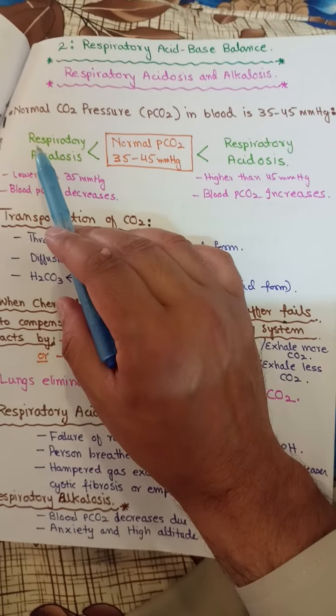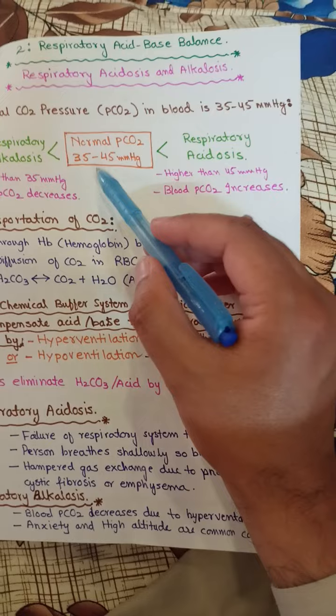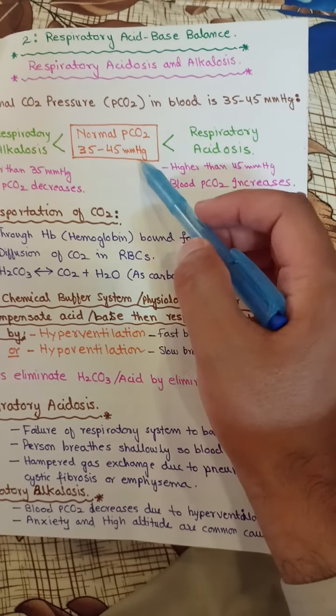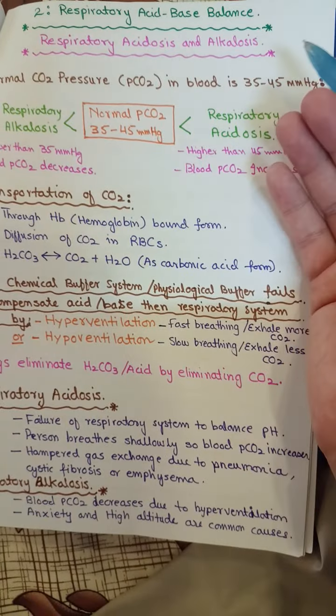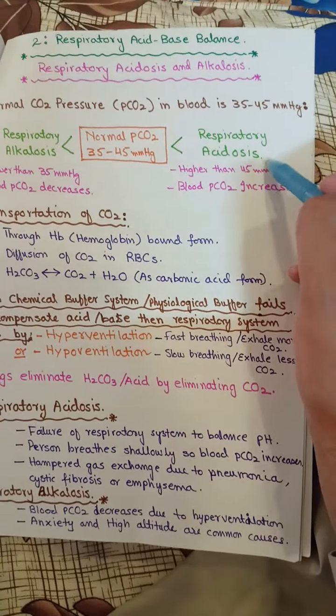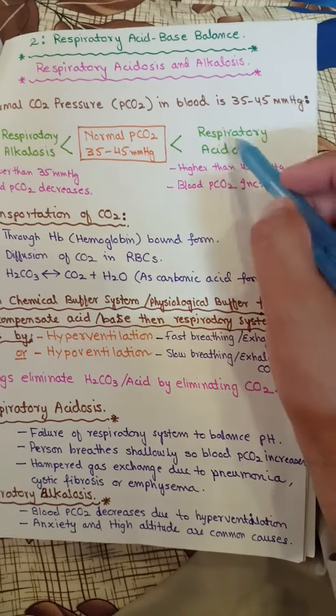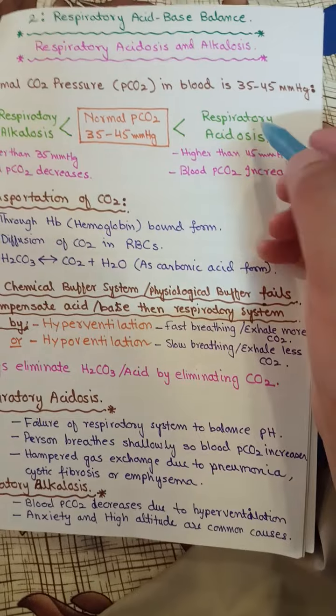If the pressure inside our body increases beyond 45 millimeter of mercury, then respiratory acidosis will occur, because carbon dioxide is acidic and it produces more hydrogen ions.